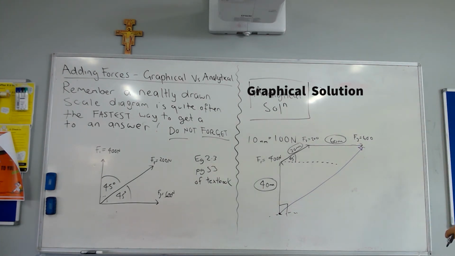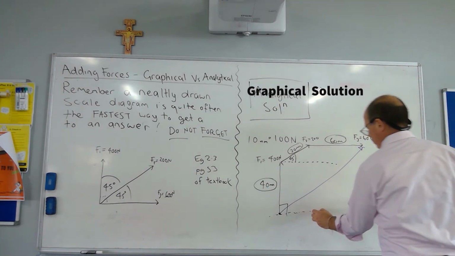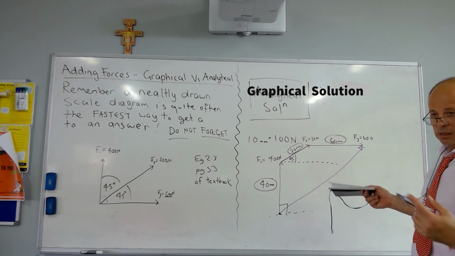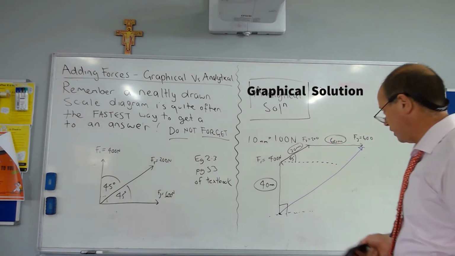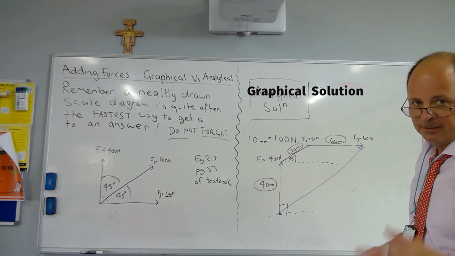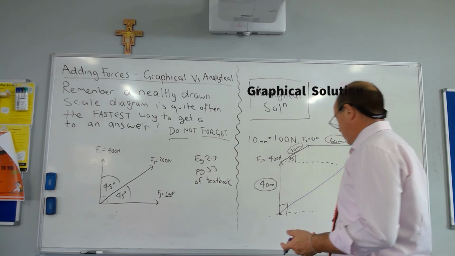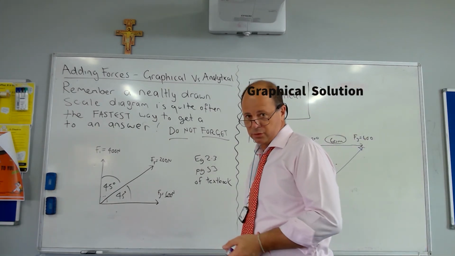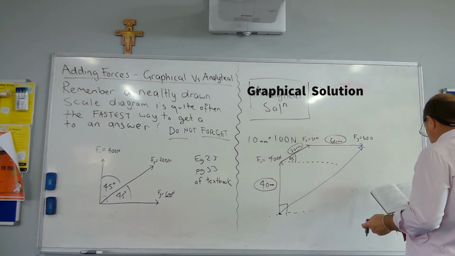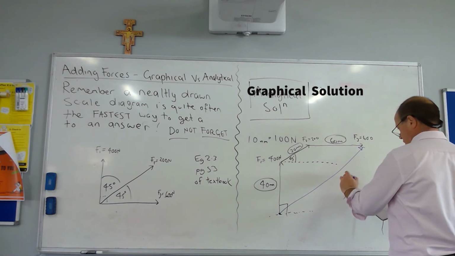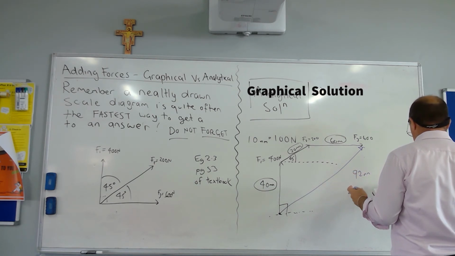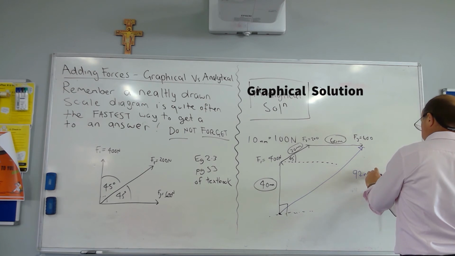And then what we need to do is get our ruler out and measure that purple line, and divide by 10. The measurement would be in millimetres, we would divide it by 10. That would give us how many units of 100 newtons we have. When we measure this, we end up with 92 millimetres, and we divide by 10, we get 920 newtons.